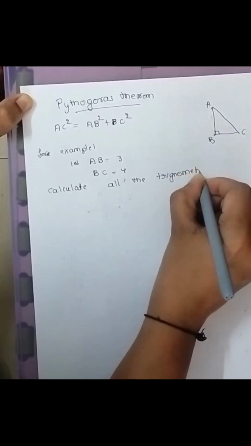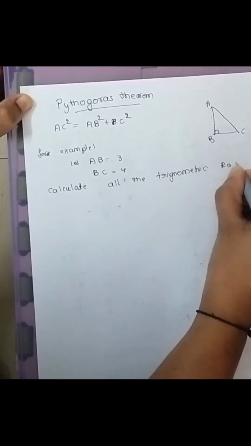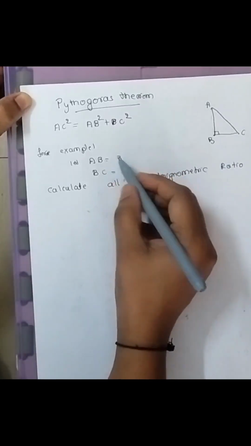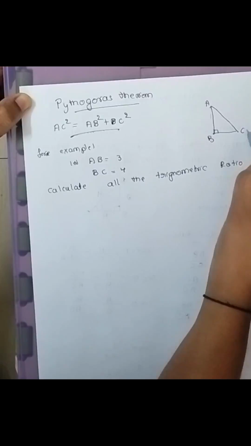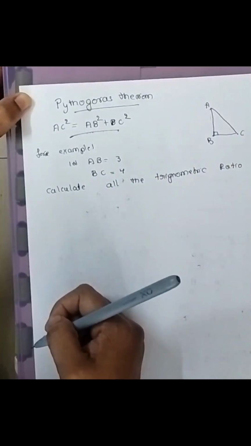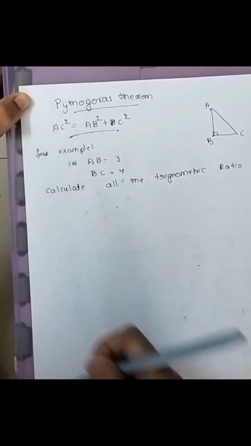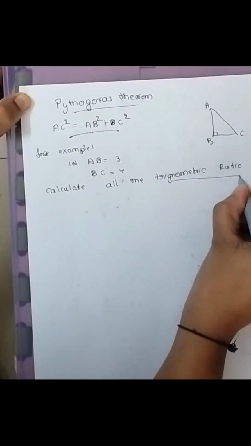If it is the question, how to solve? We have to utilize the Pythagorean theorem to calculate AC, and then we have to go for the sin theta and the cos theta. All the trigonometric ratios we have to calculate.